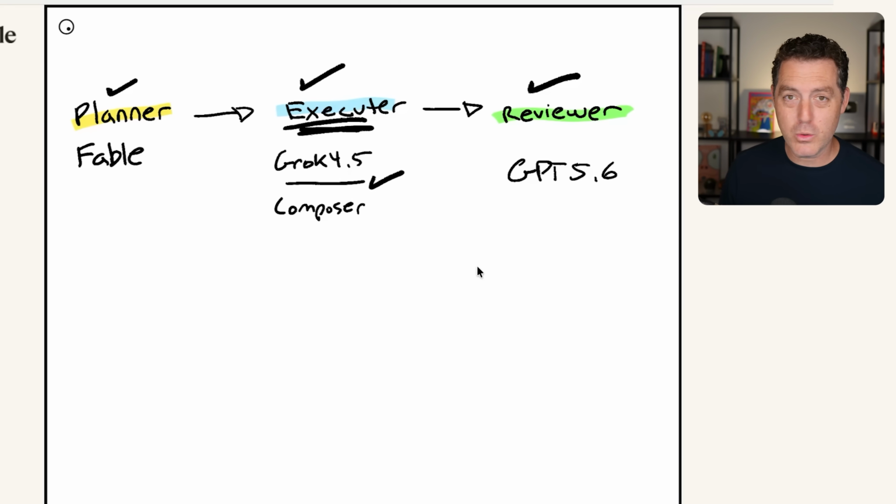Output tokens are much more expensive than input tokens, and there's a reason for that. The planning step doesn't use nearly as many tokens as the execution step. And for the planning step, it's actually using a lot more input tokens than it would during the execution step. During the actual code writing, the execution, it's using a lot more output tokens, which are much more expensive.